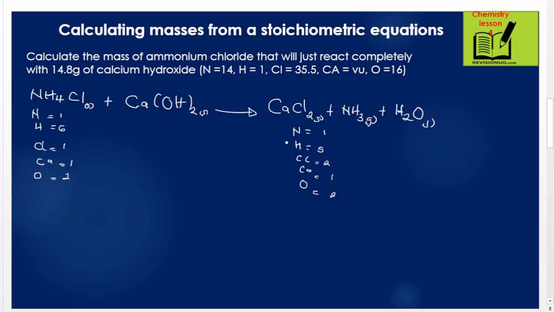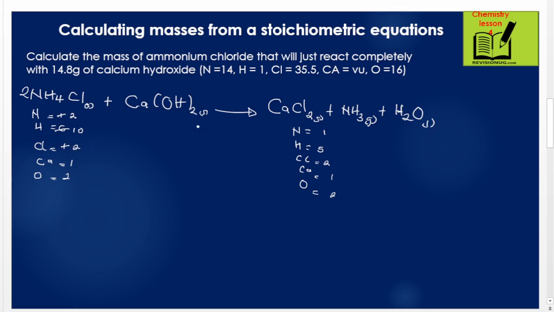So what is out of balance? Oxygen is balancing, calcium is balancing, chlorine is not balancing. If chlorine is not balancing, we are going to put a 2 here. The moment we introduce a 2, then nitrogen is now going to be 2, hydrogen 8 plus this one, they are going to become 10, and chlorine now they are going to become 2.